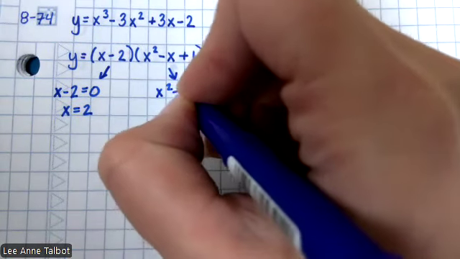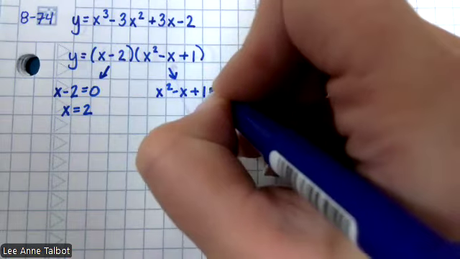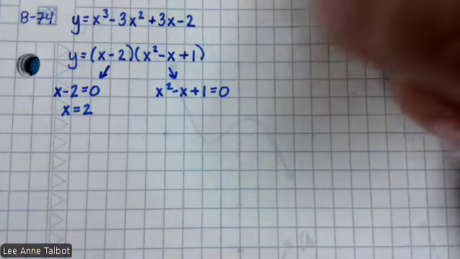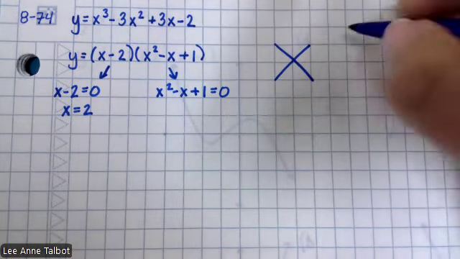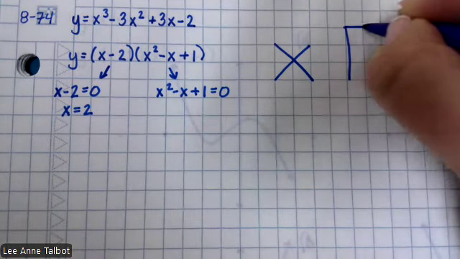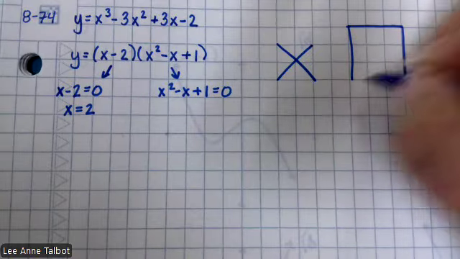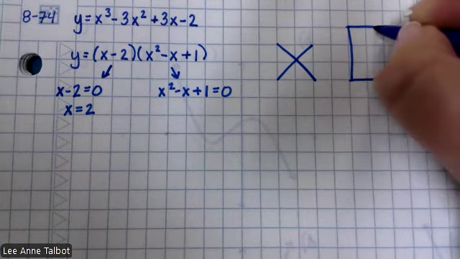Okay, this guy. X squared minus x plus 1 equals 0. Okay, now I need to try to box and diamond it, but I fear it's not going to work. But I'm going to give it a go.